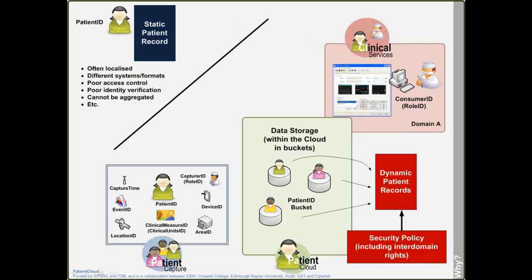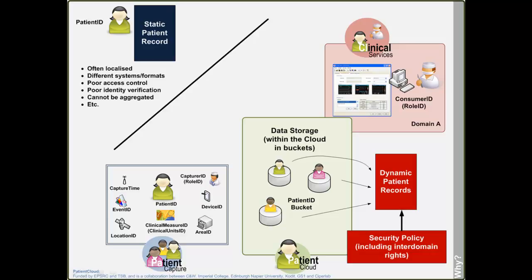So what type of services will this cloud infrastructure provide? Well, in terms of healthcare, one of the main purposes for this cloud infrastructure is the storage of patient records. Traditionally, patient records have been paper-based. Unfortunately, paper-based records contain too many errors and inefficiencies. Therefore, we have moved towards electronic health records.